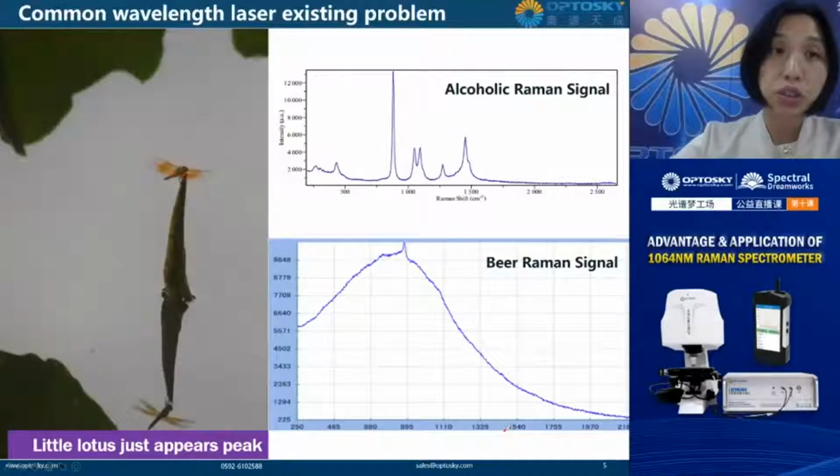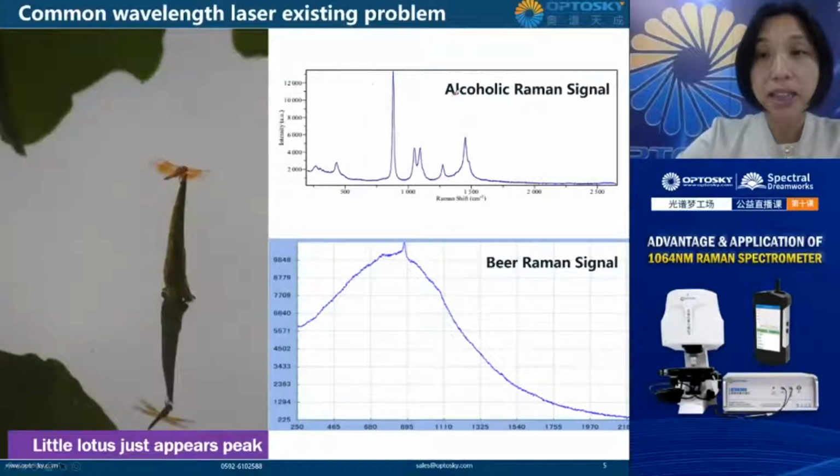We would like to introduce the existing problems of common wavelength lasers. Here you can see the alcohol Raman signals. This alcohol Raman signal has distinctive shapes. You can identify this is alcohol by the spectrum.